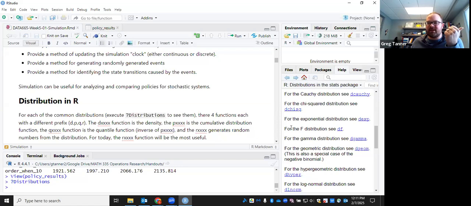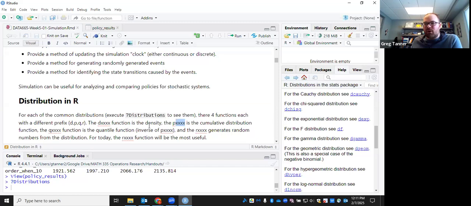You can think of the density as the likelihood of being at a certain value. The p function, with p followed by the name of the distribution, is the cumulative distribution function, so the probability that you'll see a value less than something. The quantile function is the opposite of the cumulative distribution function: you give it a probability and it will give you the value where the probability of being less than that is equal to the probability that you chose.